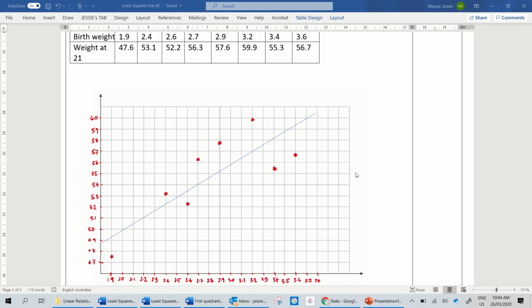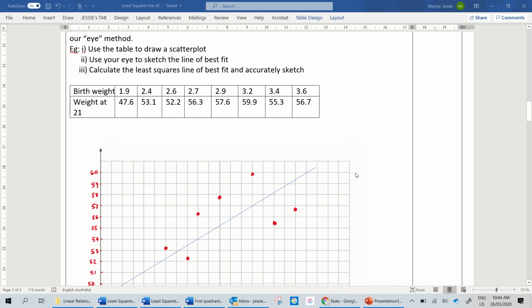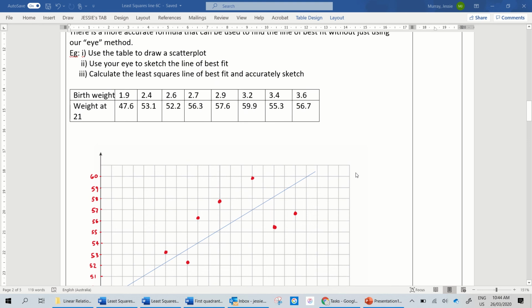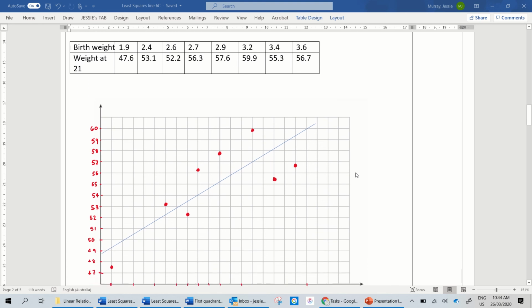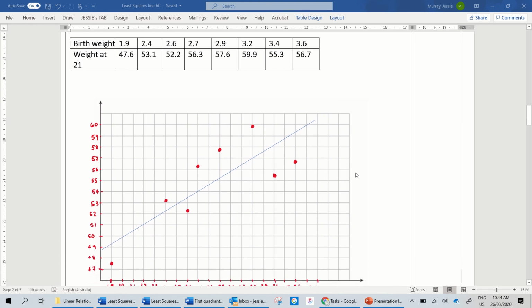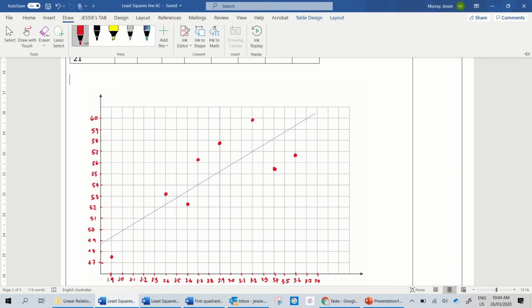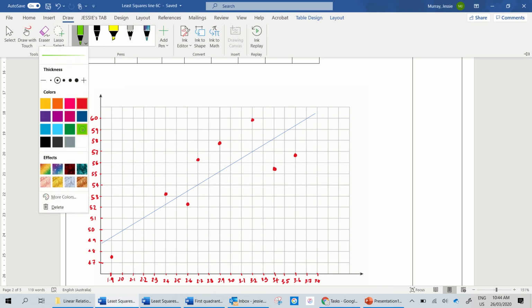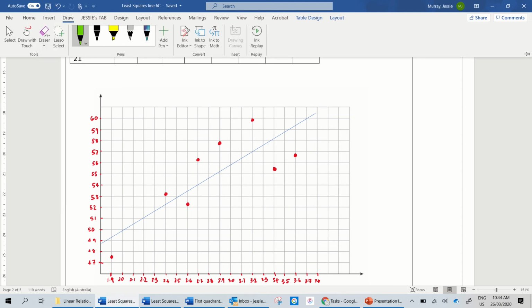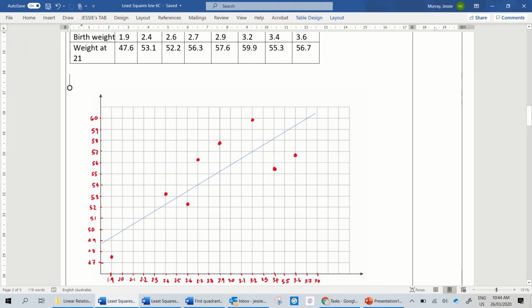All right, now we look into our least squares line, okay? We're going to draw a line of best fit using the least squares method. So it's a new method, all right? Why is it called least squares? Well, they created this formula, and it's basically saying, look at this line of best fit.